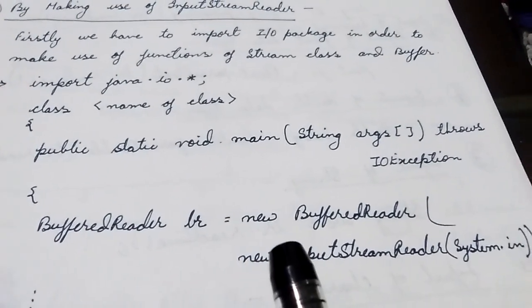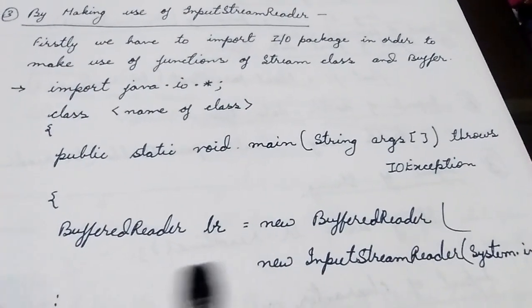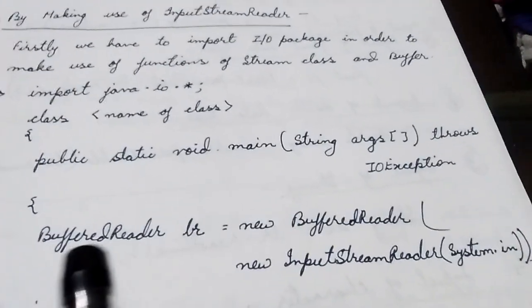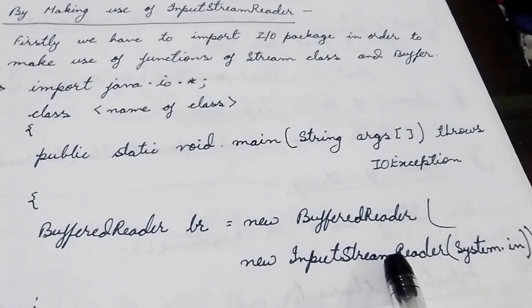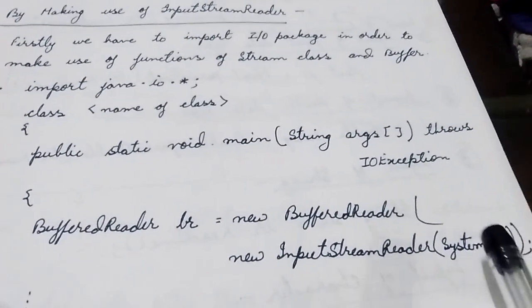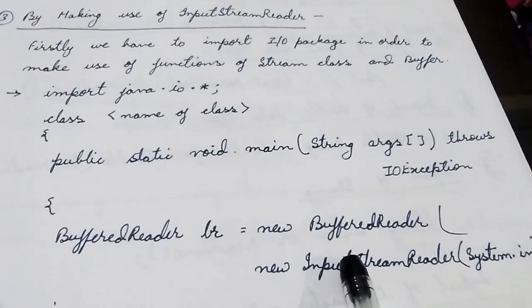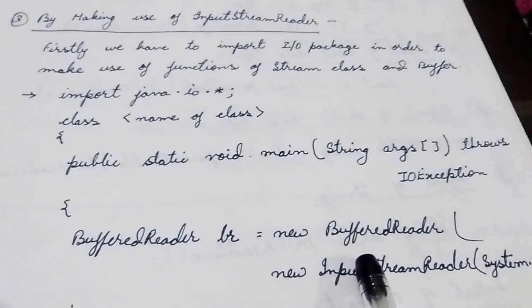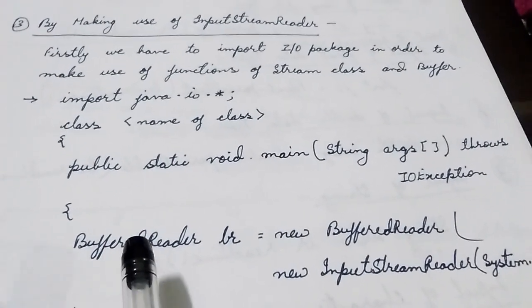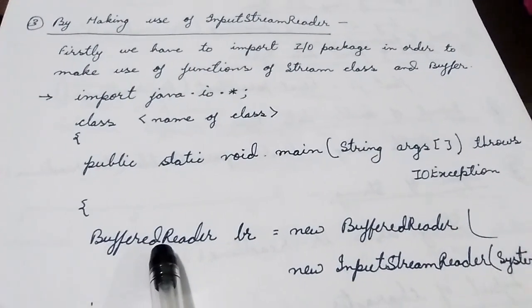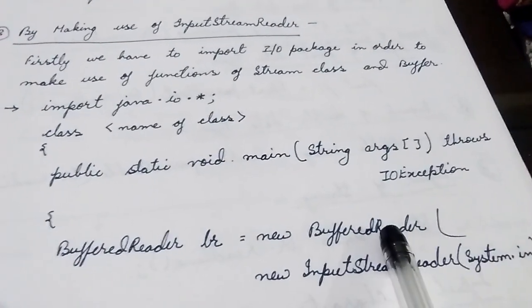The IPO cycle says that from the keyboard to the processing unit, input stream works, and to read the data from there we have input stream reader, and for reading we make use of System.in. Now from the input, data goes to the buffer. So to read the data from the buffer we make use of the buffer class.